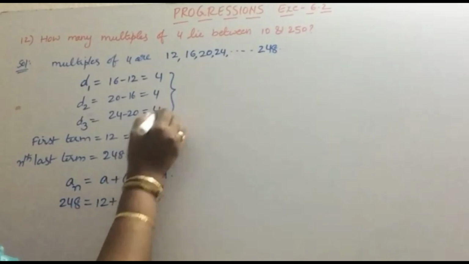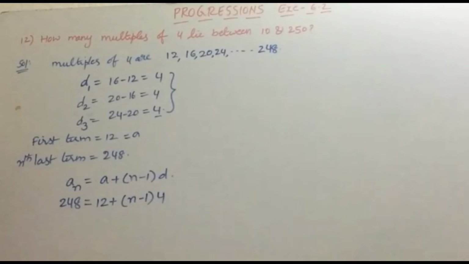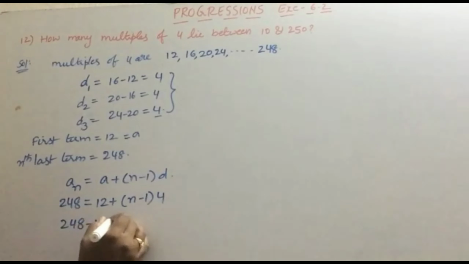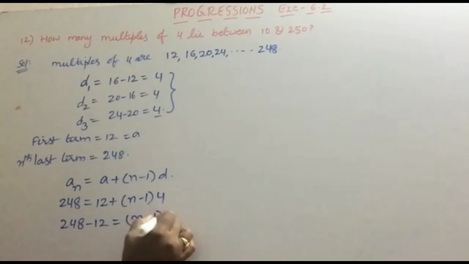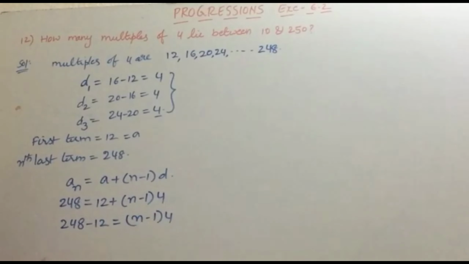So 248 minus 12 equals n minus 1 into 4. 236 equals n minus 1 into 4.